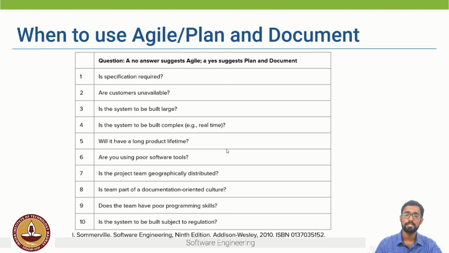Another characteristic is about your software team. If they are geographically distributed, or if the team is already familiar with the documentation model, then it might be better to use a plan and document process.